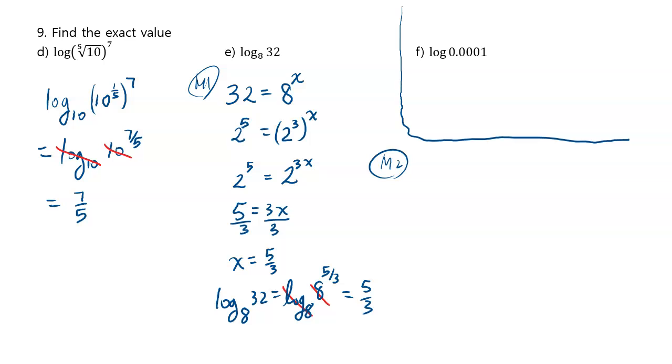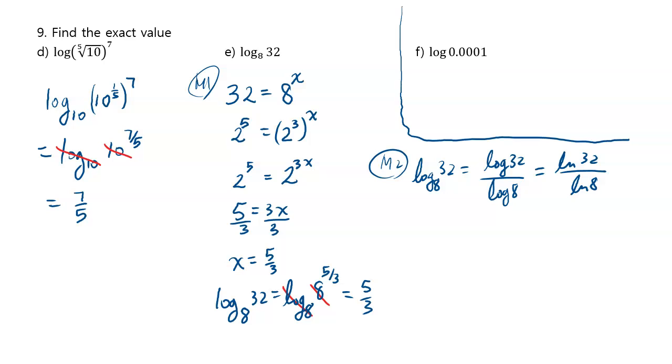So what is the base change formula? It says if you have log 8 of 32, you can rewrite this as log of 32 over log of 8. And here, log without any base means log base 10, okay? Or you can also use ln of 32 over ln of 8.